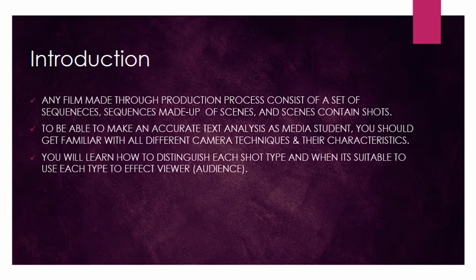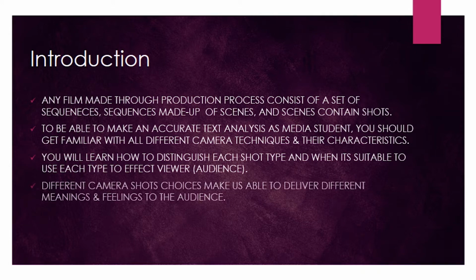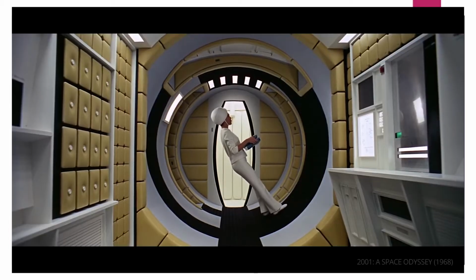Also, in camera shots in general, when we study all the different six parts, by the end of these lessons you will be able to distinguish each shot type. Also, you will know when it's suitable to use a shot to affect the viewer in a specific way.